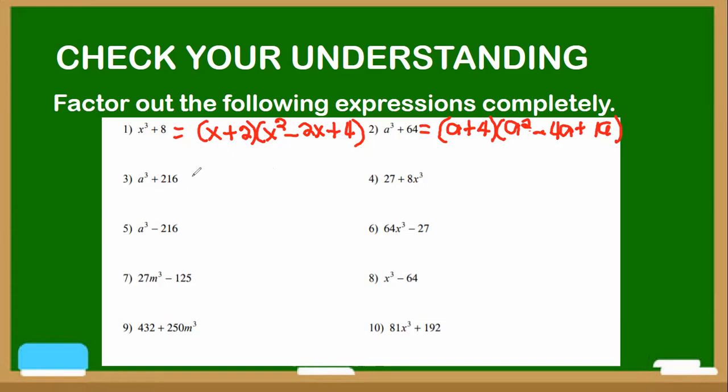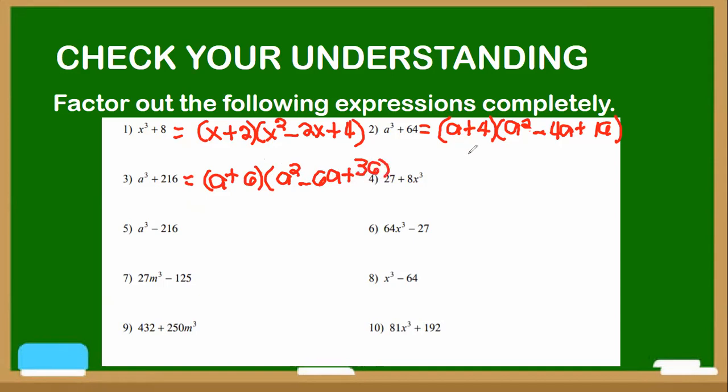Then for number 3, we have a cubed, or rather, this is a plus 6 multiplied by a squared minus 6a plus 36.